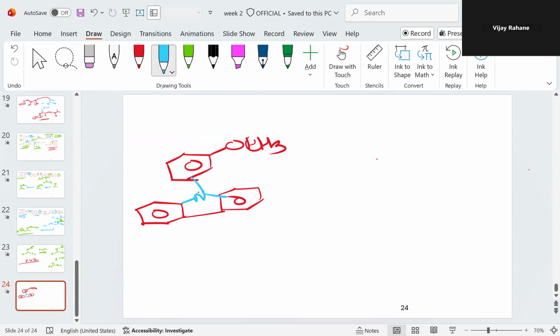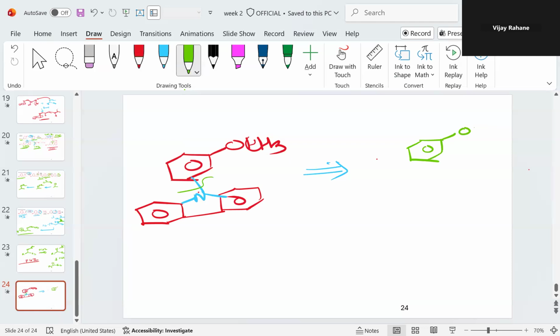Like this molecule, and we want to do retrosynthesis of this molecule. You can do the disconnection at this point. So you can get two simple starting materials. This is just a hypothetical example that I am showing.